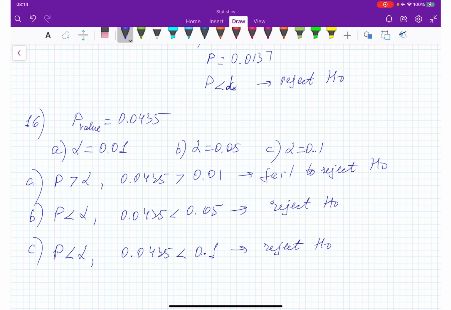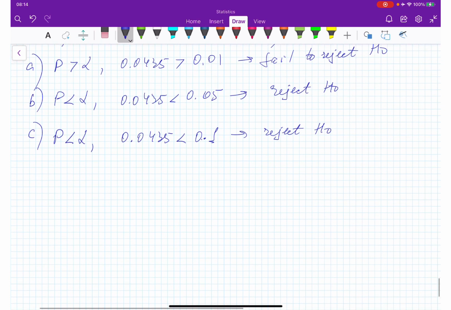And the last one, question number 17. What do we have here? The claim: the standard deviation of pulse rates of adult males is less than 10 beats per minute.